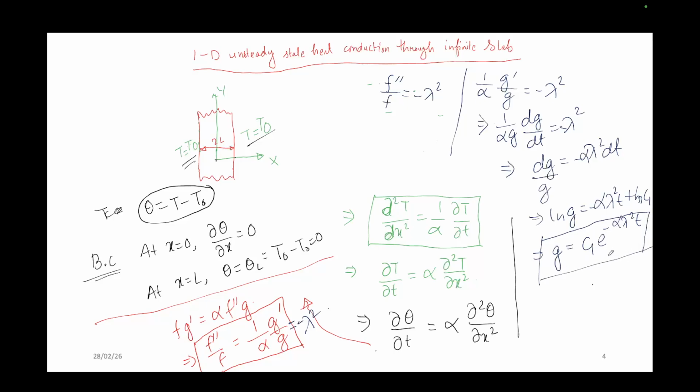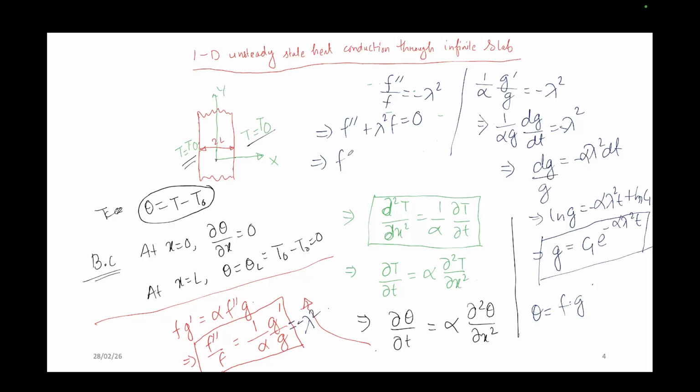Now I know that theta is a function of f and g. I got the g, only I need the value of f. Similarly you can find out this f. This we have already done in the previous class, so I am just writing it.